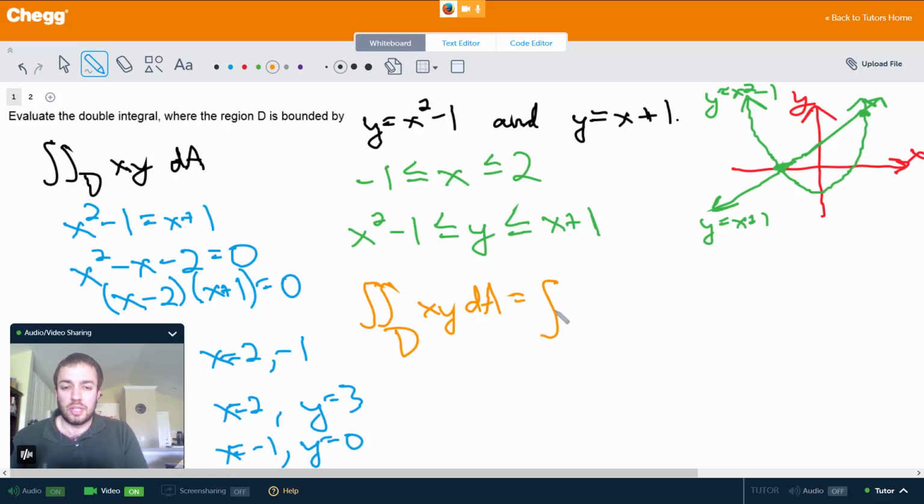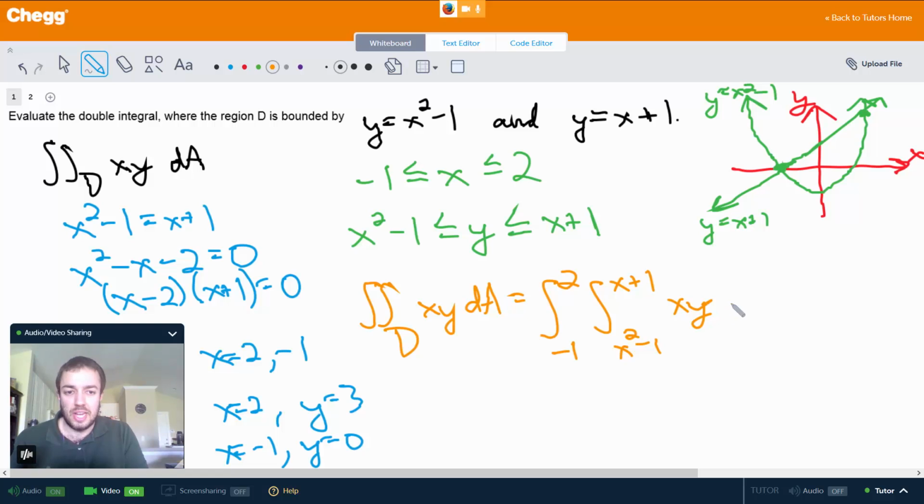So which one do we put on the outside? Well, remember, when we evaluate double integrals like this, we always work from the inside out. So the outer integral needs to have the constant bounds, because our final answer in the very end should just be a number. So the integral from -1 to 2 of the integral from x squared minus 1 to x plus 1, we just have xy.